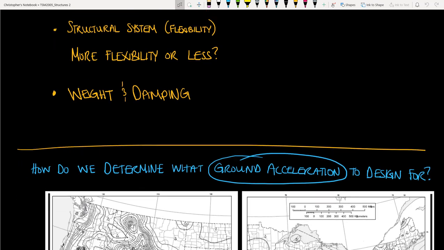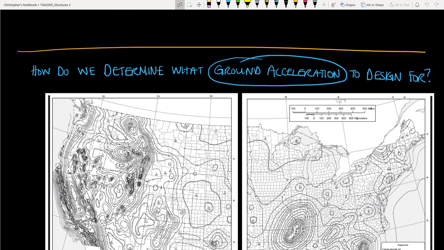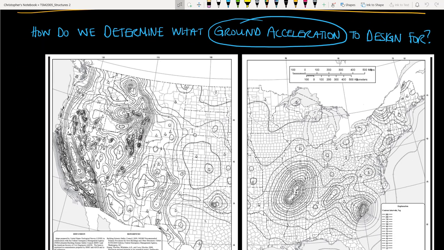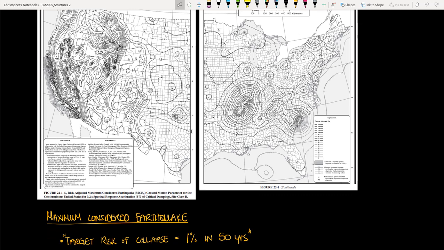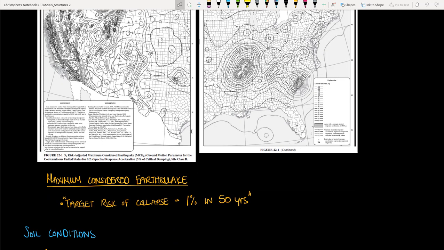Now, let's look deeper into each of these parameters, starting with ground acceleration. As with wind loads, we have maps provided for us in the IBC for parameters that tell us the maximum ground acceleration to consider. And according to the code, these ground accelerations are based on a maximum considered earthquake, which is based on a targeted risk of collapse equal to 1% in 50 years.